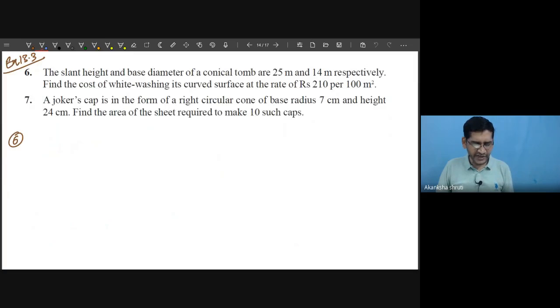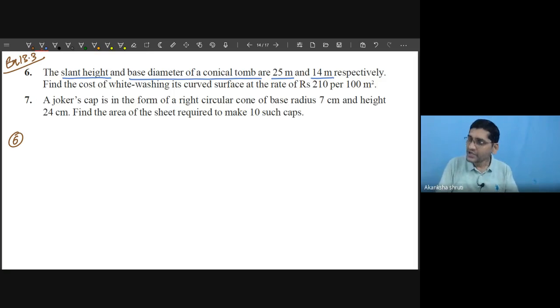This question is taken from exercise 13.3. I'm going to solve question number 6. In question number 6, the slant height and base diameter of a conical tomb are 25 meter and 14 meter.